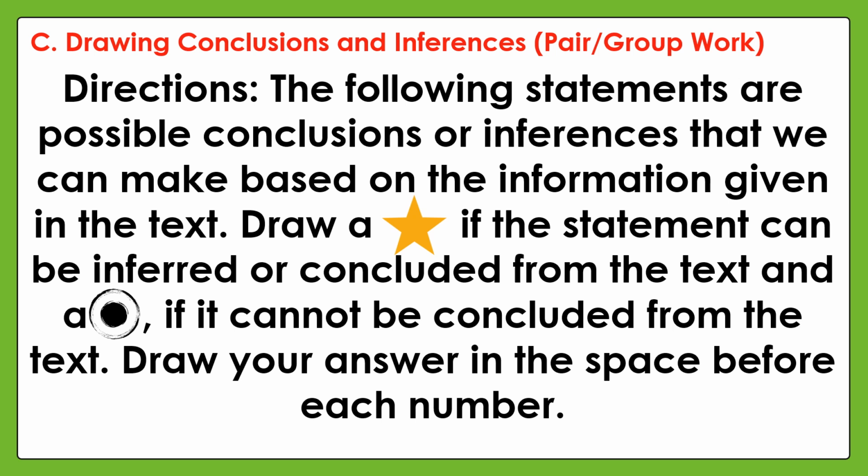Directions: the following statements are possible conclusions or inferences that we can make based on the information given in the text. Draw a star if the statement can be inferred or concluded from the text, and a circle if it cannot be concluded from the text. Draw your answer in the space before each number.